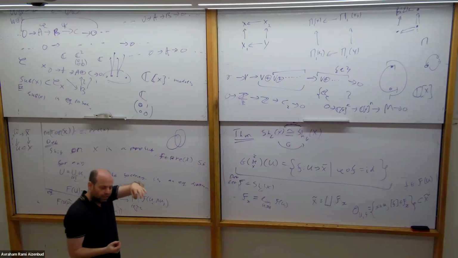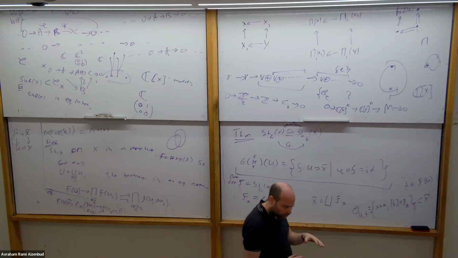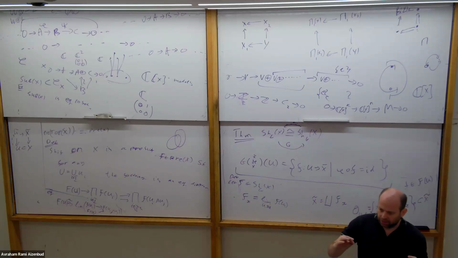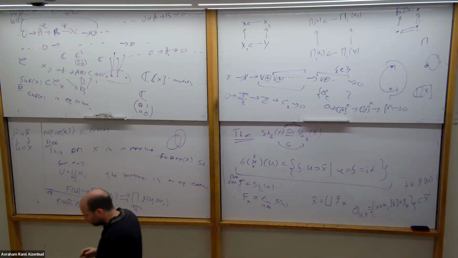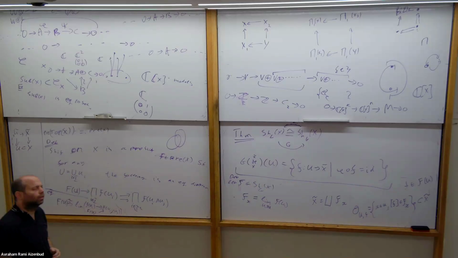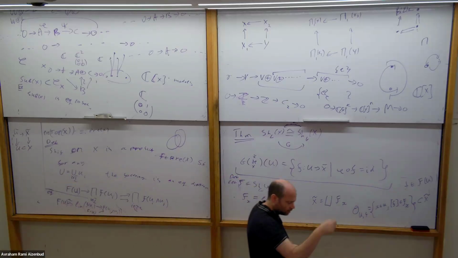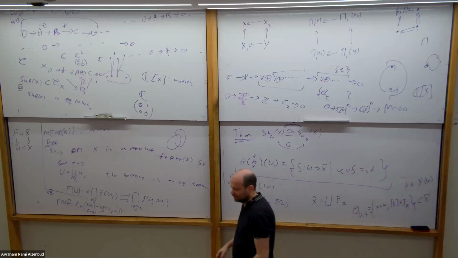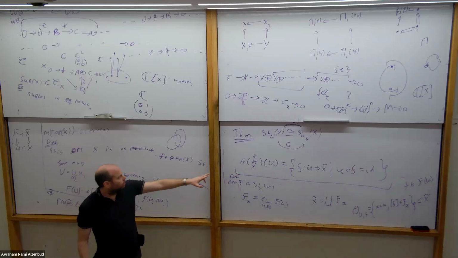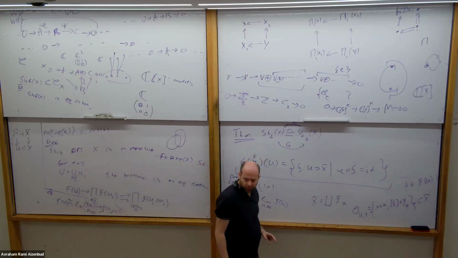So any two stalks can be connected outside the fiber, and you can't really find neighborhoods that will not intersect. So any two points in the fiber are not separated, not T2. So this very natural sheaf is a complete disaster from the Étalé point of view.